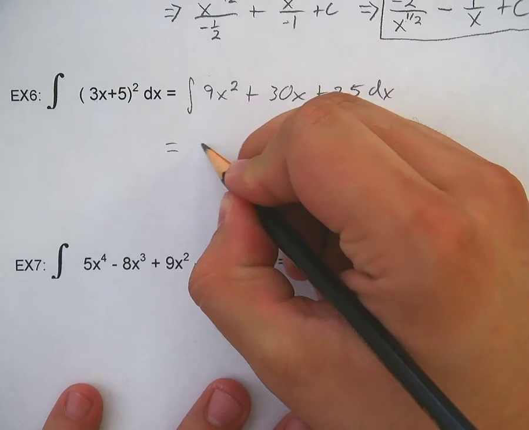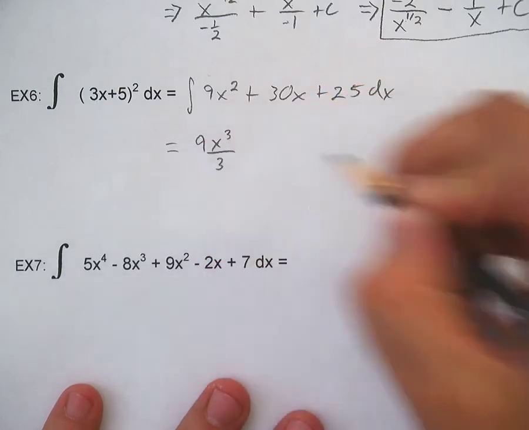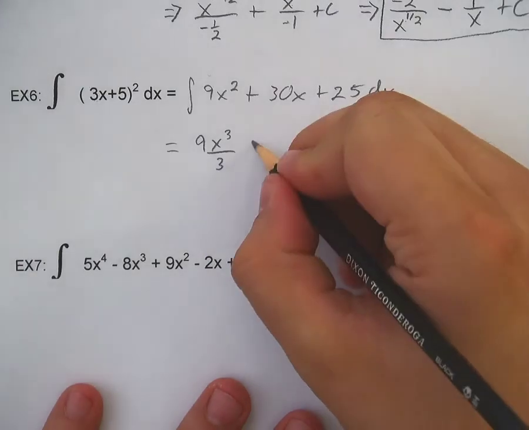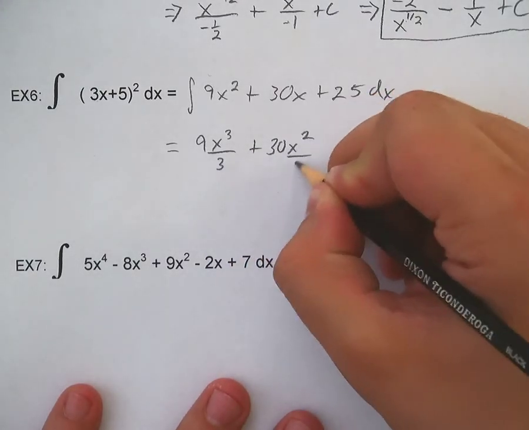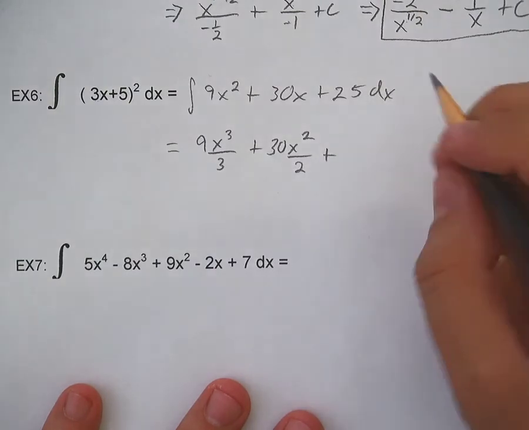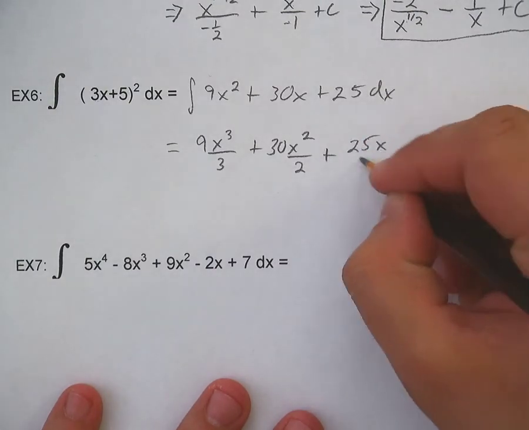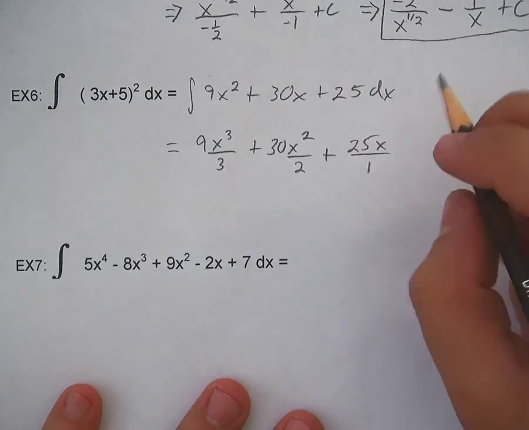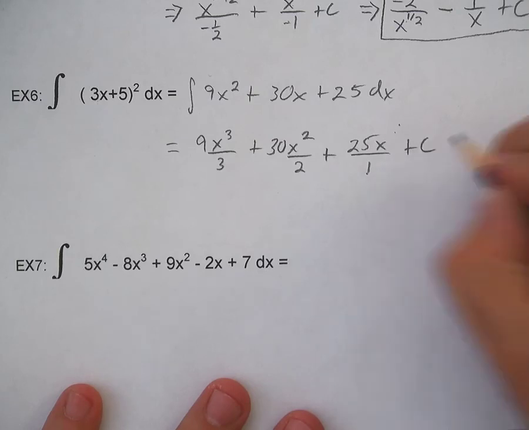So that's going to be 9x to the third over 3 plus 30x squared over 2 plus 25x over 1, because this is now x to the first over 1, plus c.